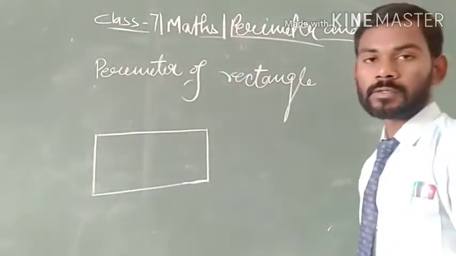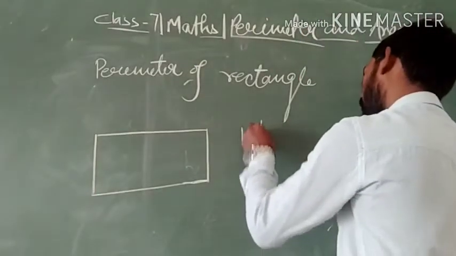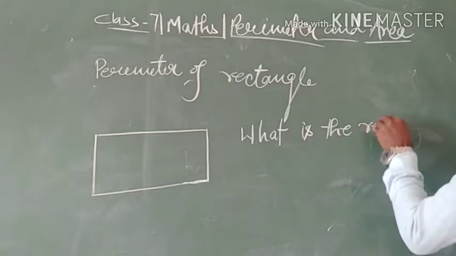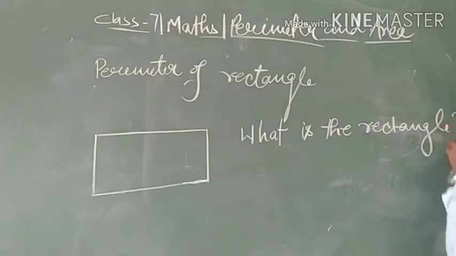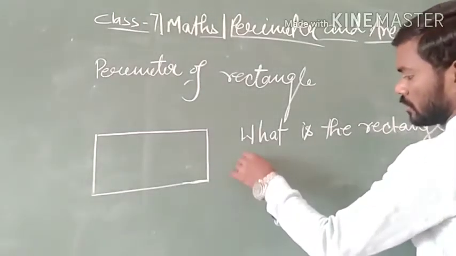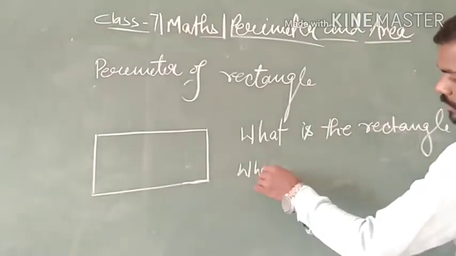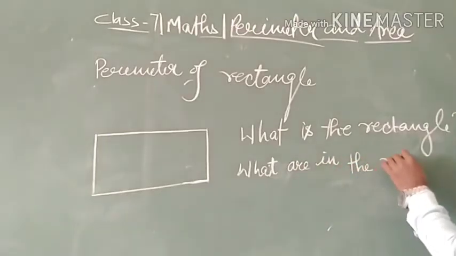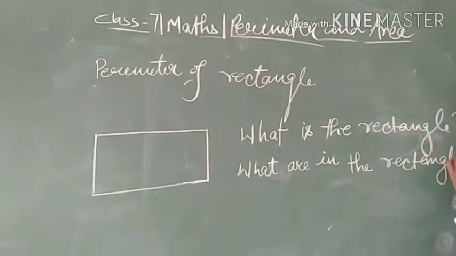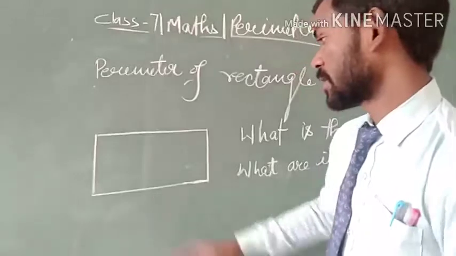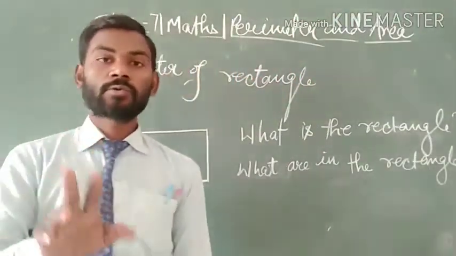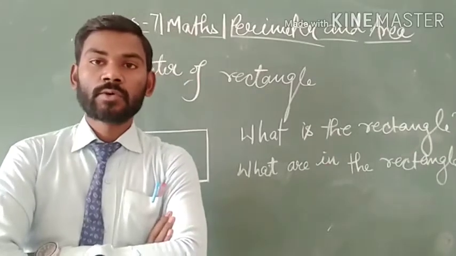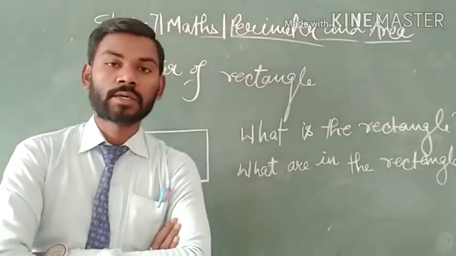When we see this figure here, two questions arise. The first is, what is the rectangle? And the second is, what are in the rectangle? Whenever we see such a type of figure, these two questions arise. The first is what is the rectangle, and the second is what are in the rectangle.